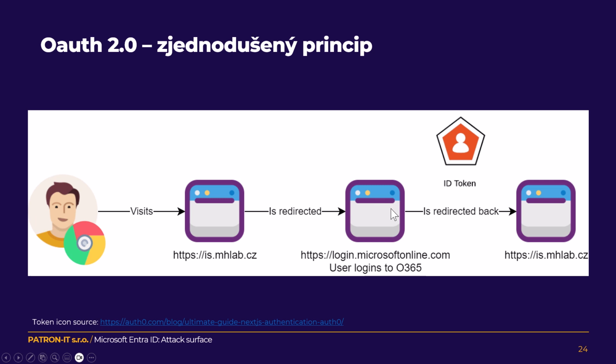Microsoft authenticates the user and redirects the user back to the information system, providing the system with an ID token. The ID token tells the information system, look, this user has been authenticated and this is his identity. So the information system knows who that user is without knowing his credentials, without revealing the password or any other secret to that information system. That's nice, and that's a big improvement from on-prem Active Directory.